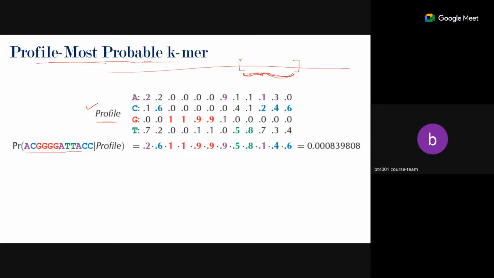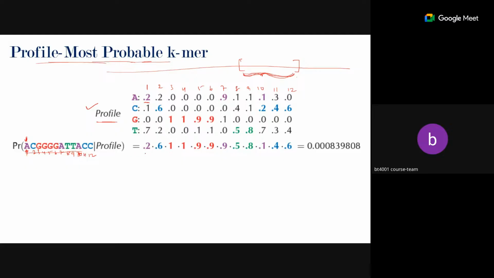We take the profile of the motifs, and for every nucleotide at every position, let's just mark it. This is 1, 2, 3, 4, 5, 6, 7, 8, 9, 10, 11, and 12. At the first position, we have the nucleotide A. So we go to the nucleotide A at position number 1. A has a probability of occurrence of 0.2.